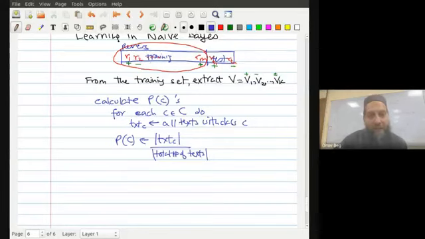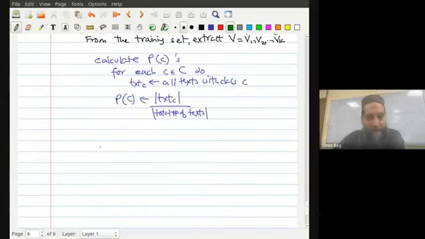So let's say there are 10 positive samples and the total number of training samples is 20. We'd get 10 over 20, and that would be the prior of the positive class, and similarly for the negative class. So that's calculating the priors. This is the type of algorithm I would be expecting you to be able to write in your papers, in your exams.